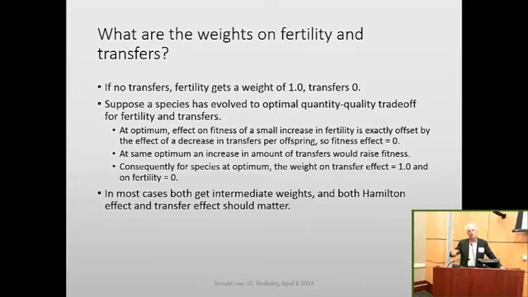Whereas an increase in resources available for transfer translates into a proportional increase in fitness.